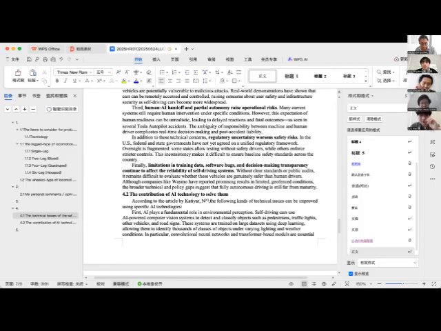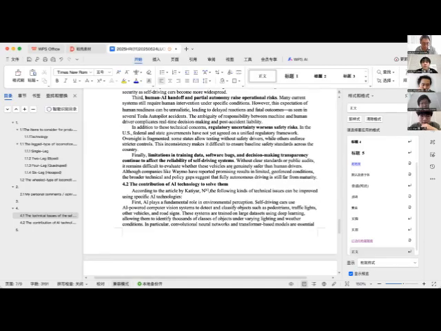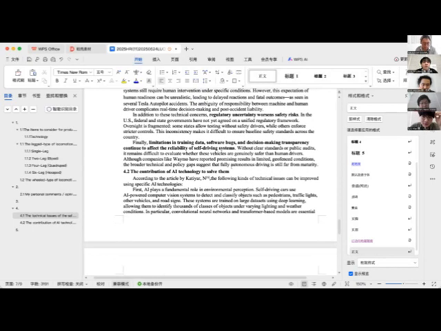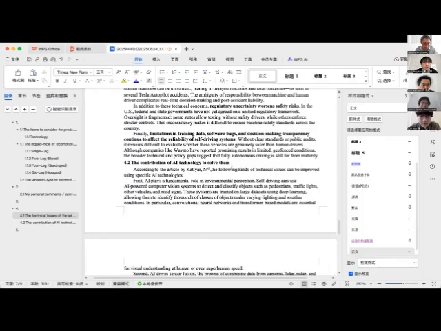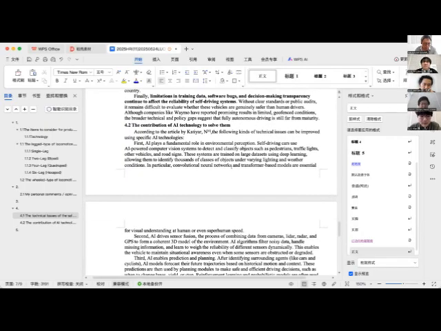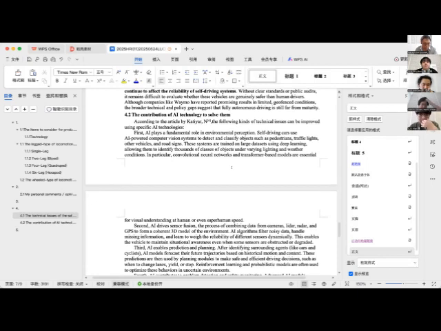In addition, regulatory uncertainty worsens safety risks. And finally, limitations in training data, software bugs, and decision-making transparency continue to affect the reliability of self-driving systems. And the contribution of AI technology to solve them.